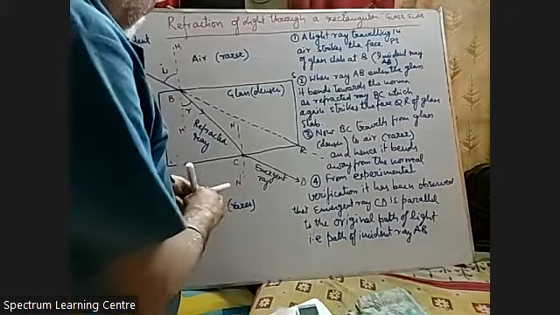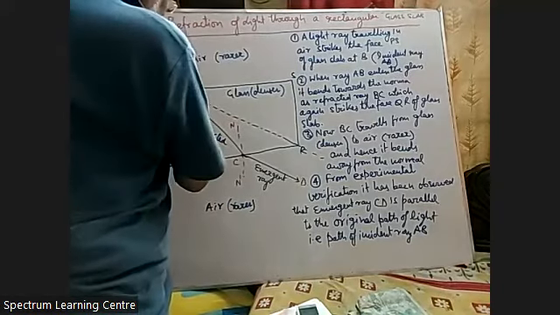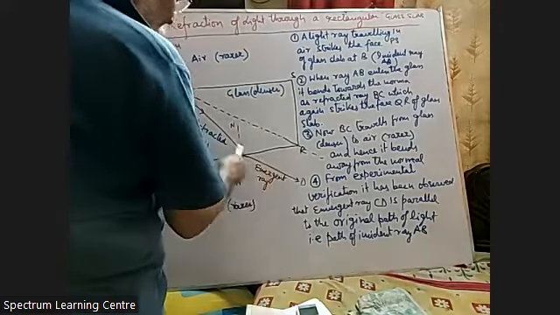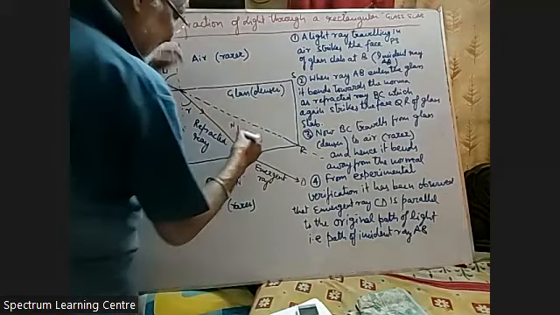Now we have experimentally found this, that this line AB is parallel to CD, but it is shifted.